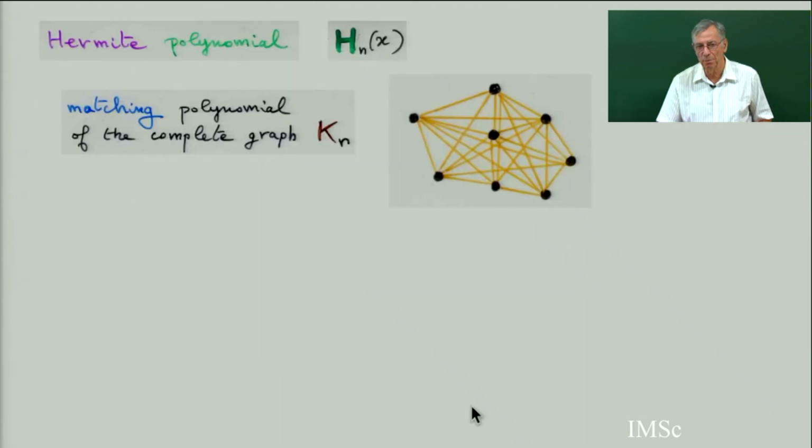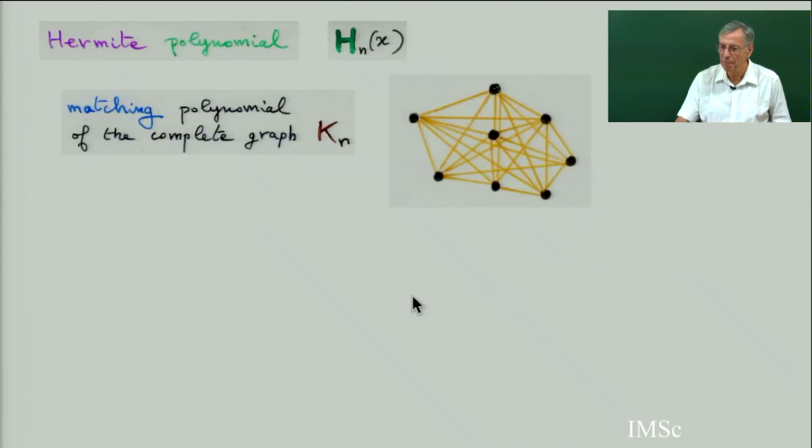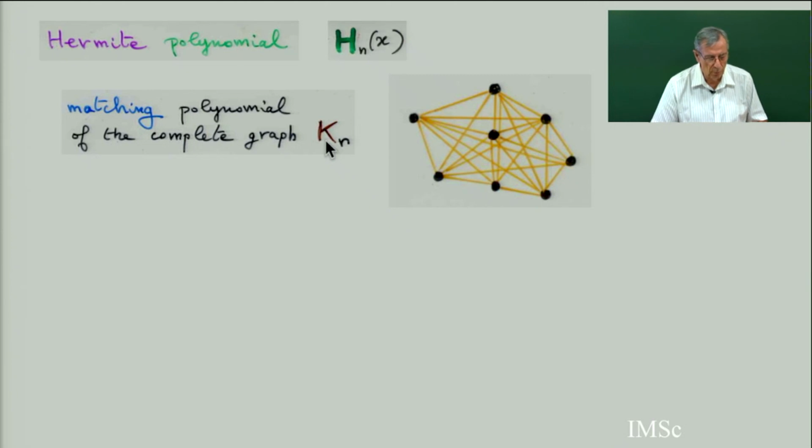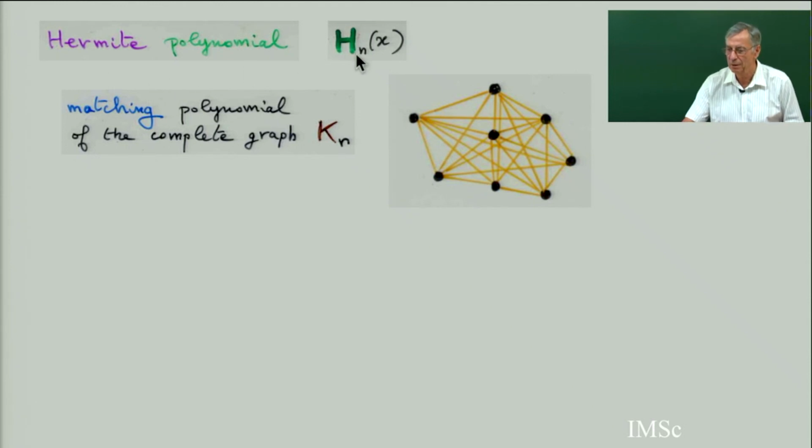The simplest is maybe the complete graph, where every vertex is connected by an edge. Usually in graph theory, this is denoted by Kn. And the matching polynomial of this, we are going to see, is exactly the Hermite polynomial.